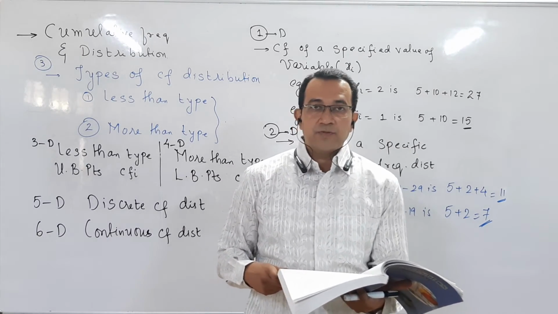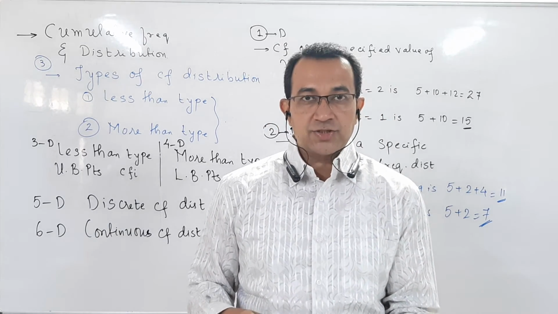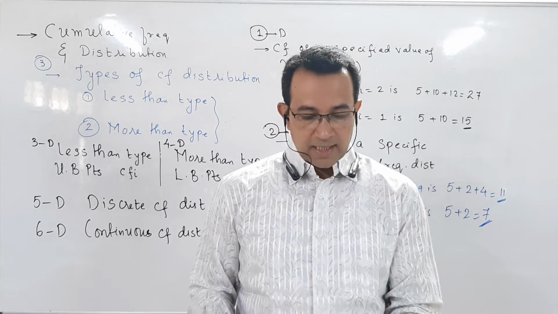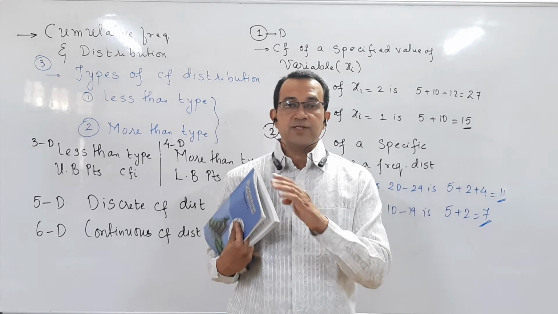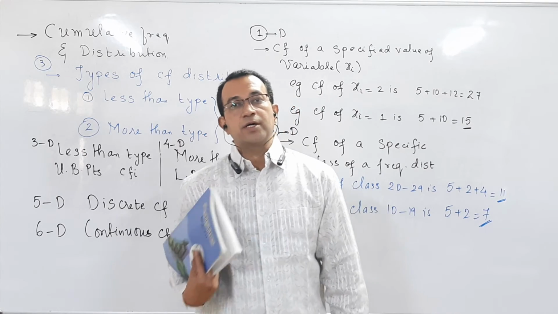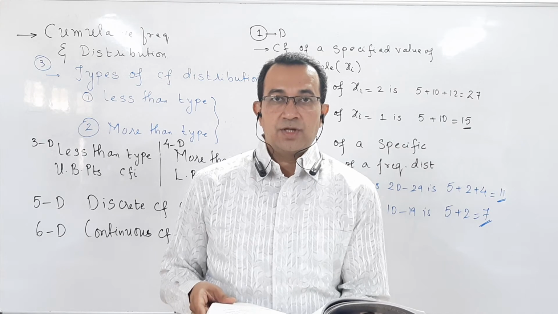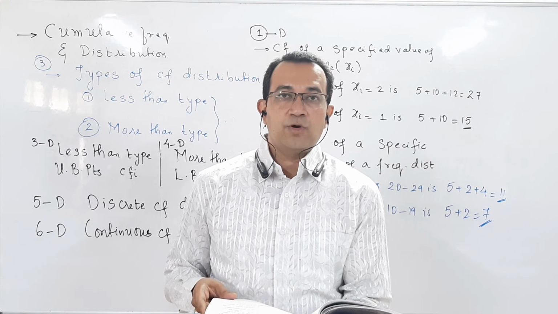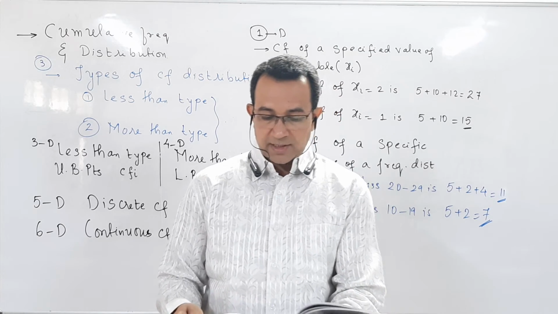A variable which assumes finite or countable values within a specified range is called discrete variable. We have already discussed. Second, what is continuous variable? A variable which can assume any value within a specified range is called continuous variable. What is classification? The process of dividing ungrouped data or raw data into a systematic form or classes is called classification. This also students we have discussed.